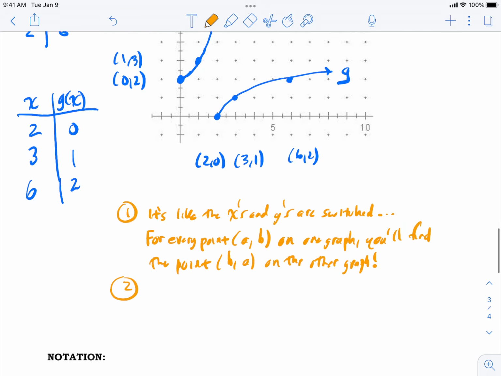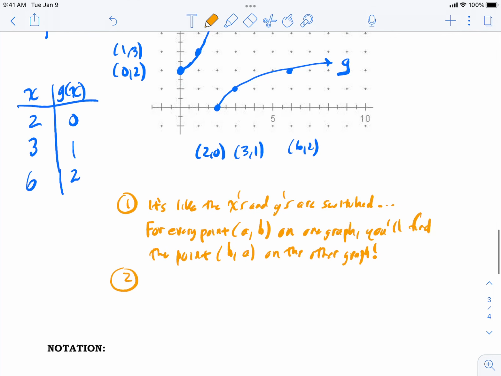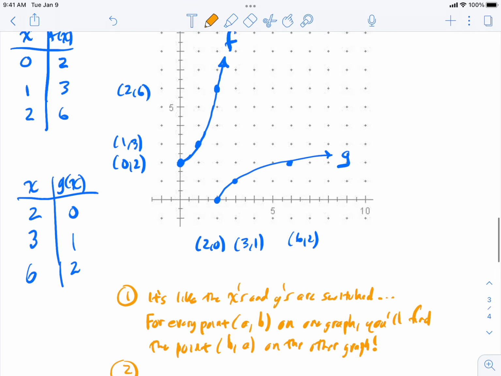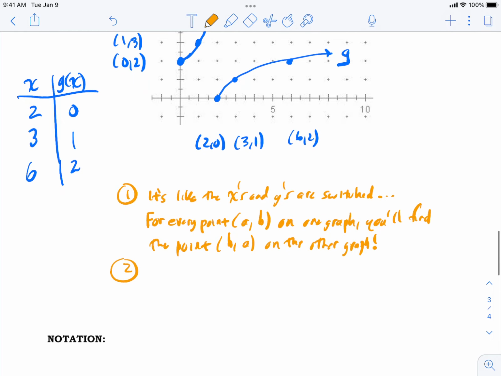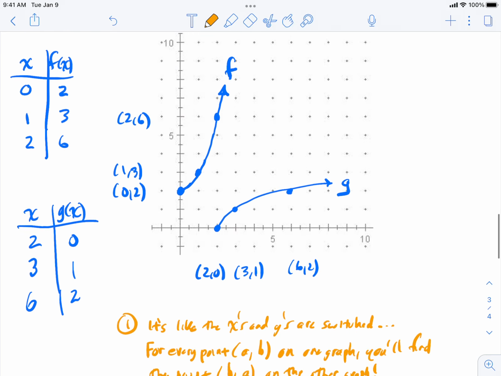What else? Well, this is kind of a corollary of that. If you think about domain and range, maybe I'll just state it and then show you. So the domain of one is the range of the other, and it works both ways. In other words, f's domain is the set of all acceptable inputs.